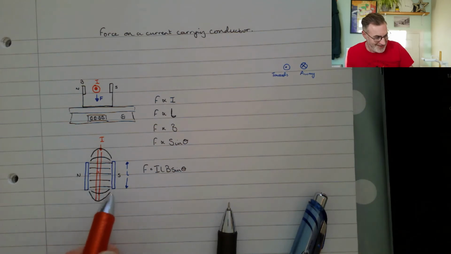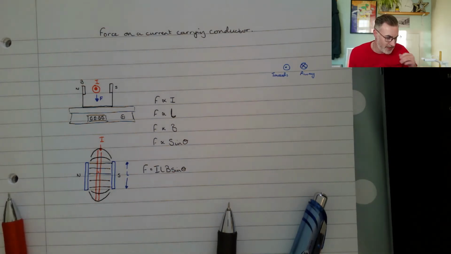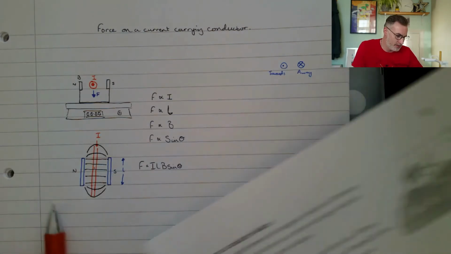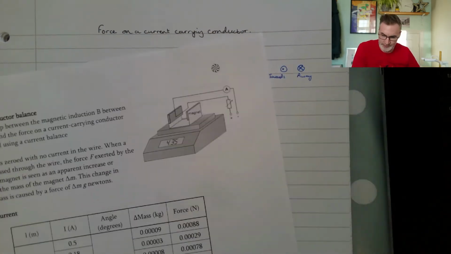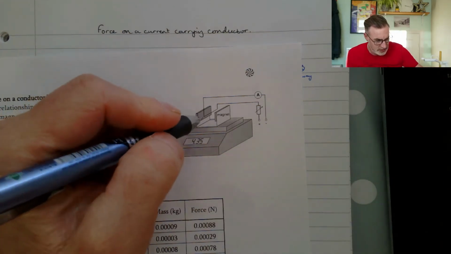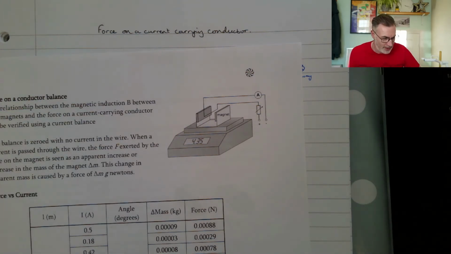So this inaccuracy here about the straight wire going through, what we're going to do about that, as again you see from here, is that we bend our wire at a right angle here.